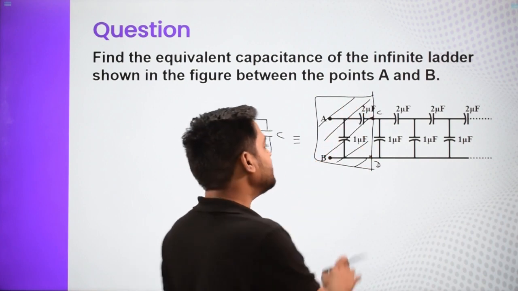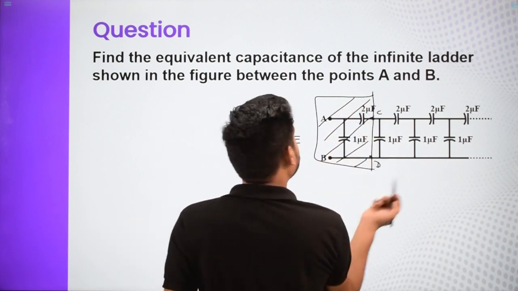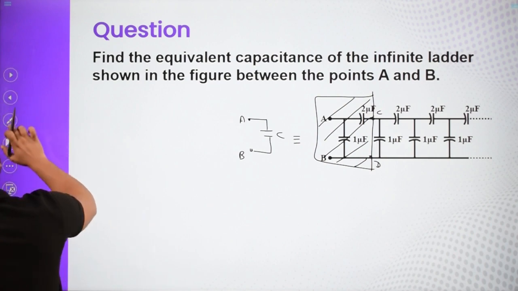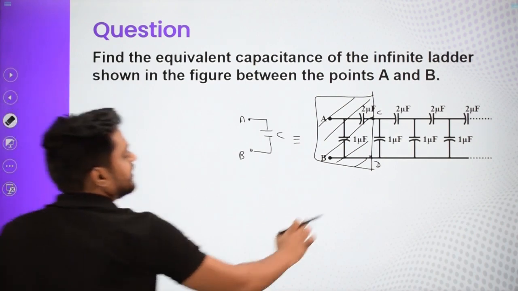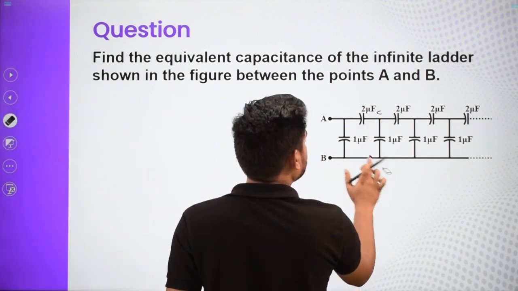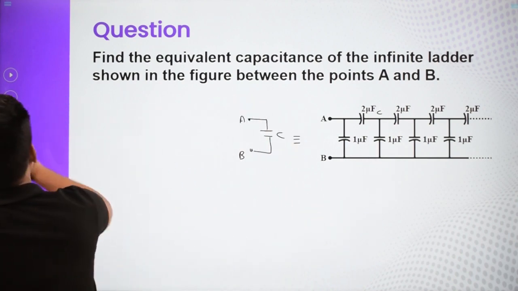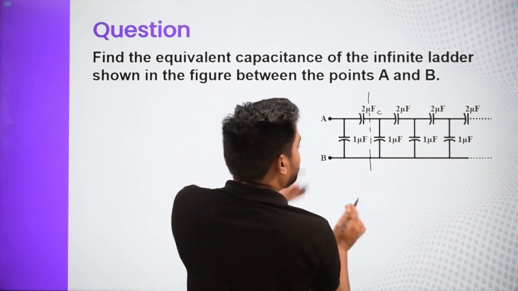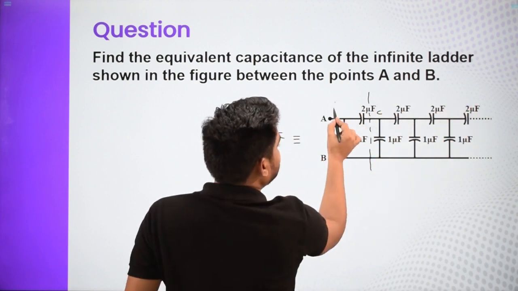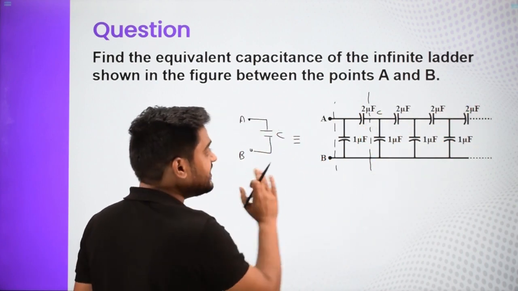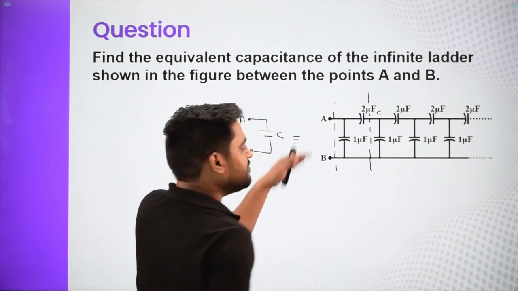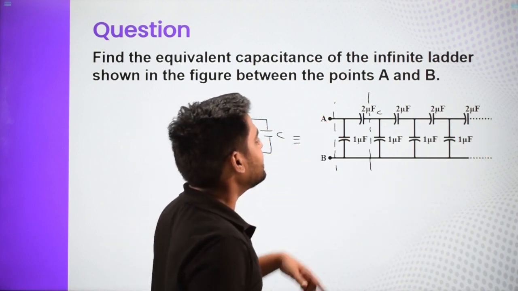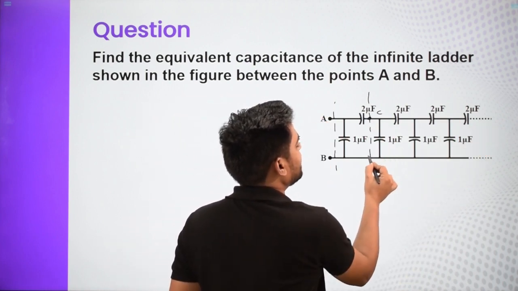So the equivalent capacitance between point C and D should also be equivalent to C only. From here to here, after this the circuit is just being repeated just like this. So whatever is there in front of A and B, the same thing is there in between C and D also.